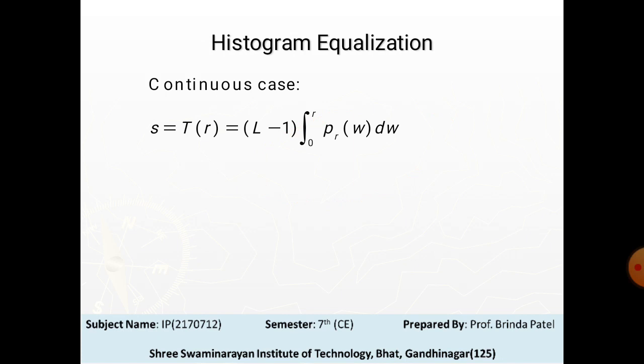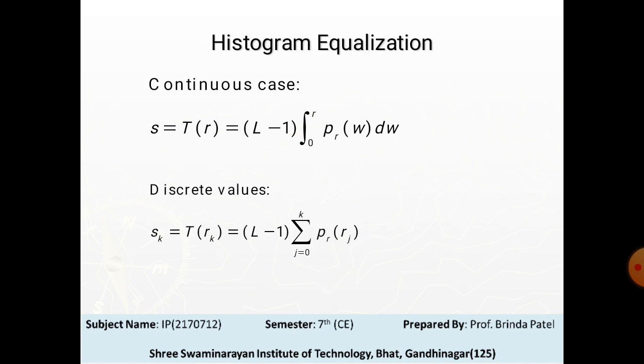So we have cases of continuous values and discrete values of the histogram, and these equations are for the continuous signal. This is the continuous case: s equal to T(r) equal to L minus 1 times the integral from 0 to r of p_r(w) dw.